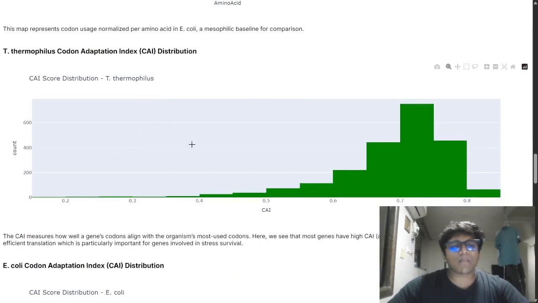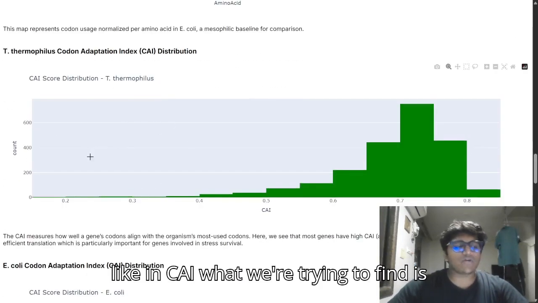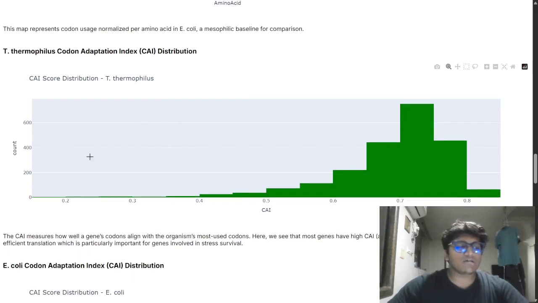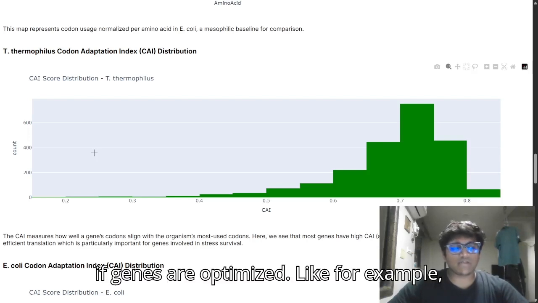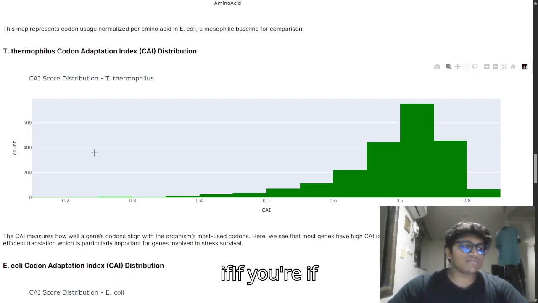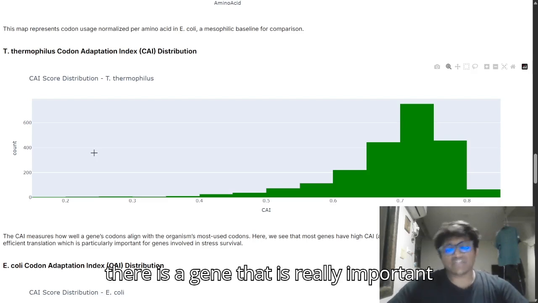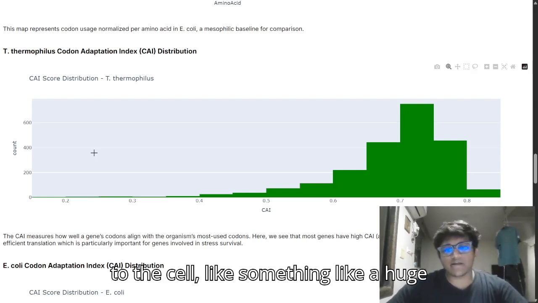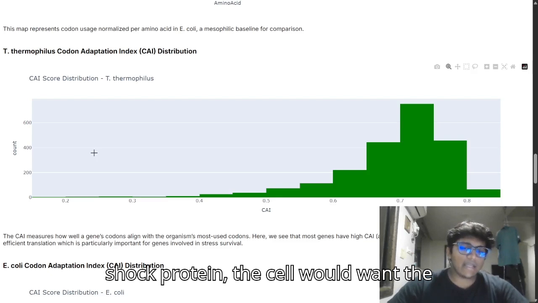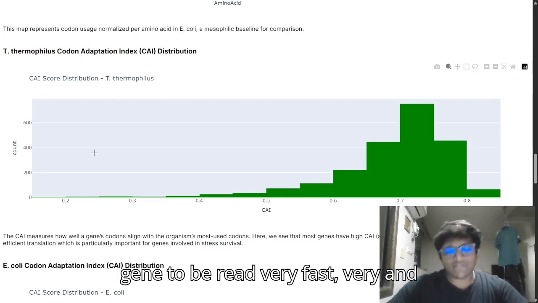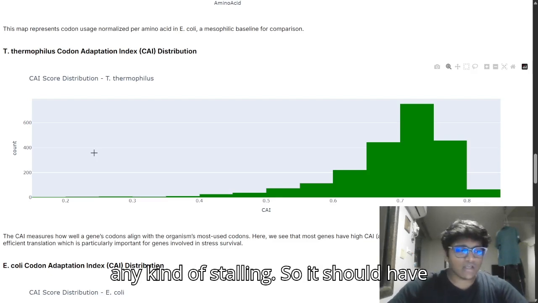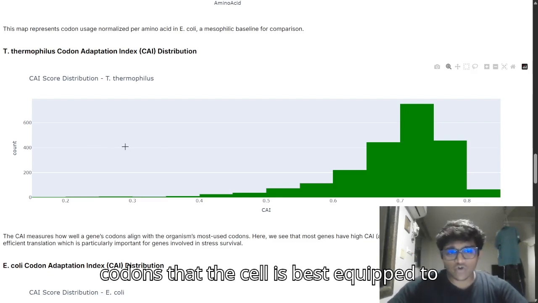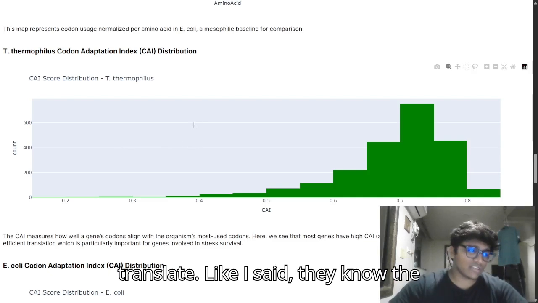So in CAI, what we're trying to find is whether genes are optimized. For example, if there is a gene that is really important to the cell, like a heat shock protein, the cell would want the gene to be read and translated very efficiently, without any kind of stalling. So it should have codons that the cell is best equipped to translate.